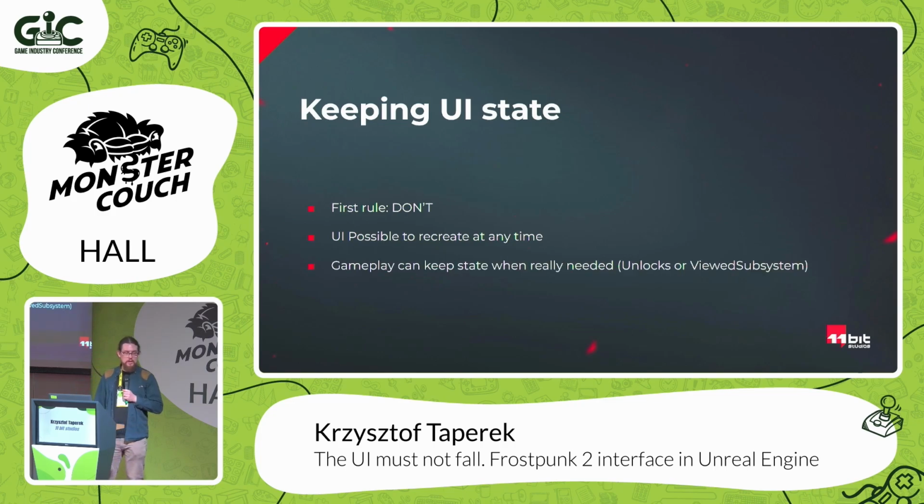So we can keep some stuff on the gameplay side. So we have unlocks that are the generic mechanic in the game, and we are using it for some UI features, but not often. And we have a separate subsystem to just mark content if it was viewed by player, basically. So if we want to display some yellow star that, hey, you have new content here or not.